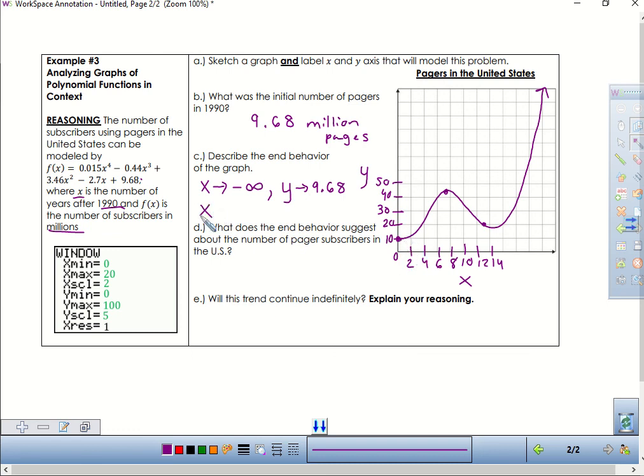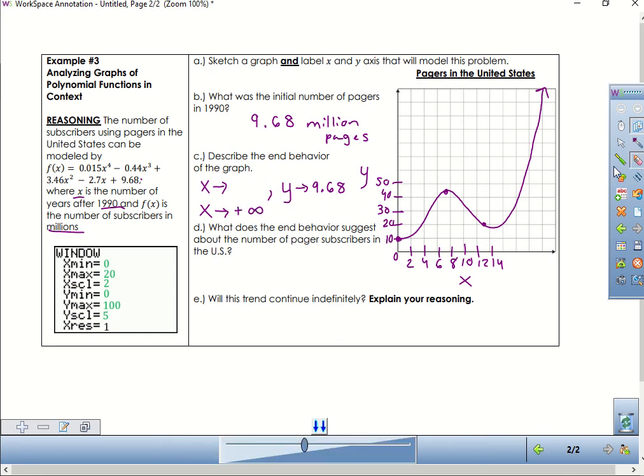Really this is like saying we could also say 0. I know you haven't seen this before, but you could also change this to 0. As X approaches 0, so as we get close to 0 on the graph, my graph gets closer and closer to 9.68. And then as X goes to positive infinity, my function goes up to positive infinity.